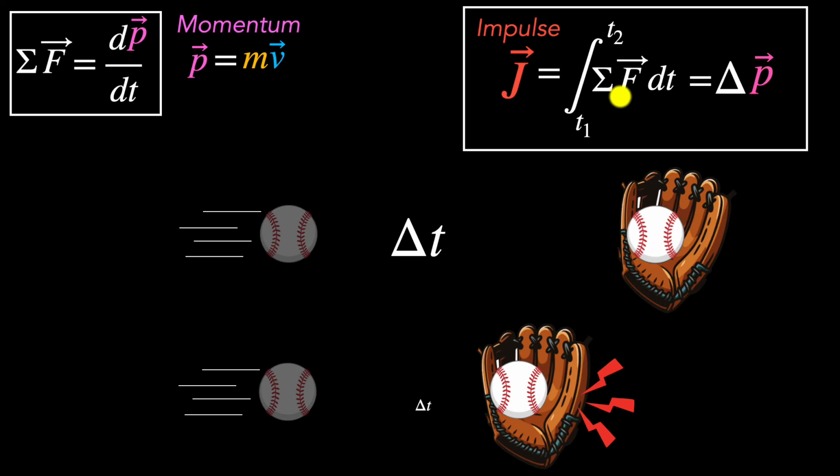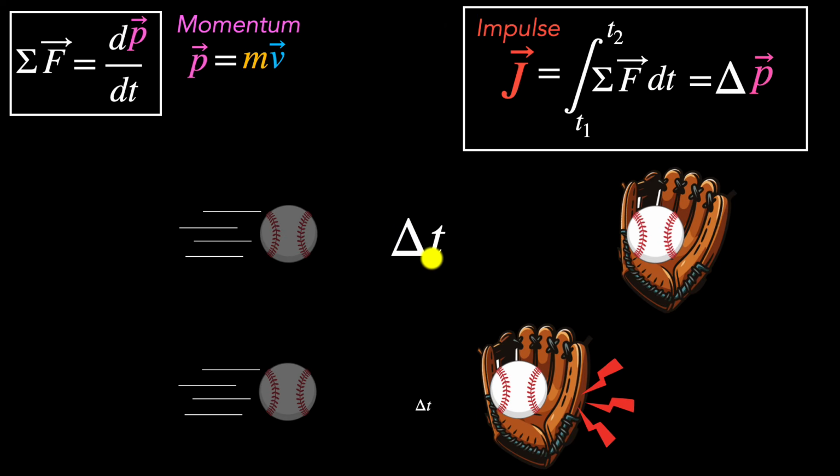It's not really, but let's assume that. If the net force is a constant, then look at what happens to this integral. We can pull the net force outside the integral, and then we'll just get the integral of dt, which is just going to be delta t, t2 minus t1. In other words, if the net force is a constant, impulse is just the product of net force and the time interval over which that net force is acting, right? So that product must be exactly the same because we know the impulse is the same.